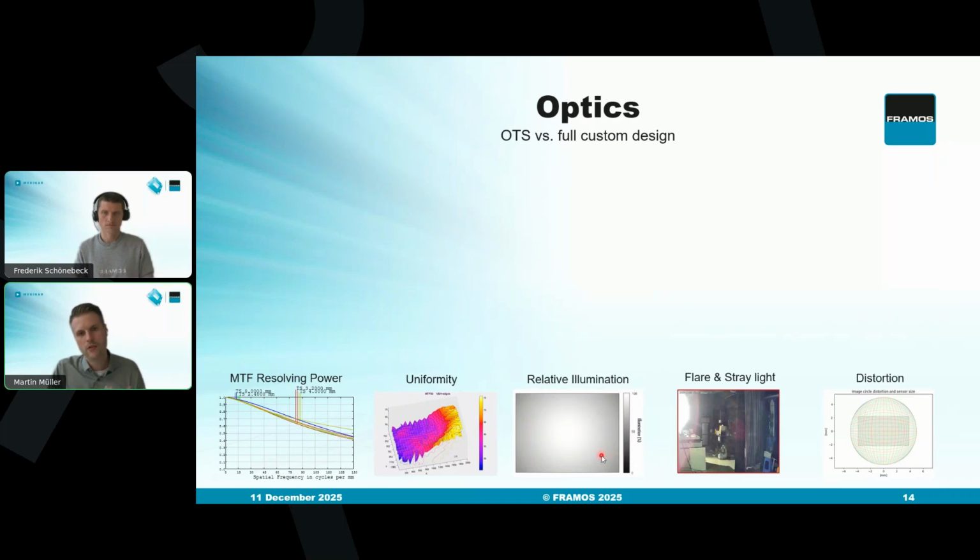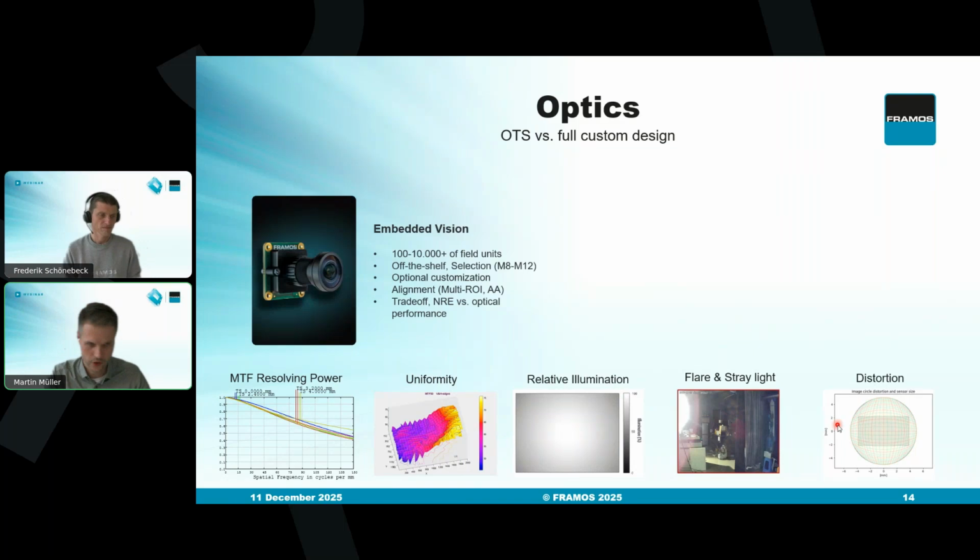And also the relative illumination, which is a natural phenomenon of optics that usually at the corners, optics become a bit darker. Then we have flare and stray light effects. So when the sun or any intense light source is shining into the optics, you will see some artifacts called flares or glares. And also distortion can play a major role, especially with wide angle optics, because it will compress the image resolution at the corners.